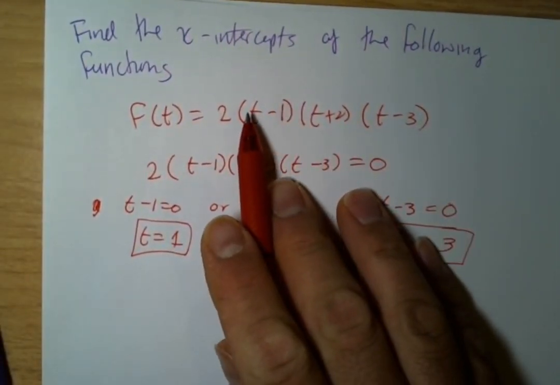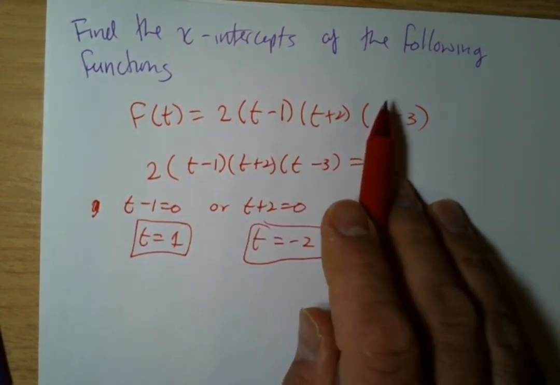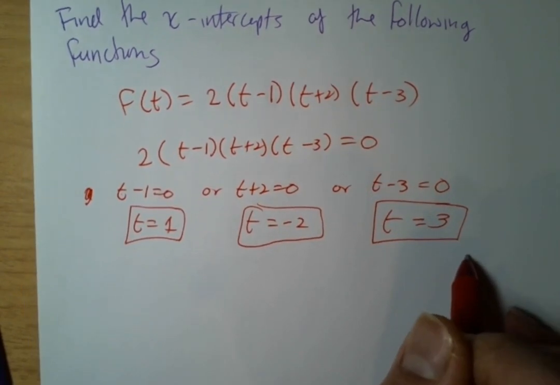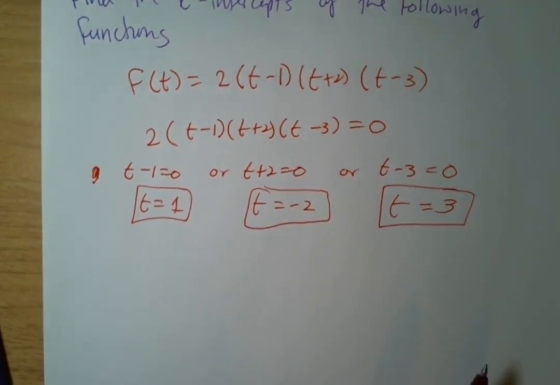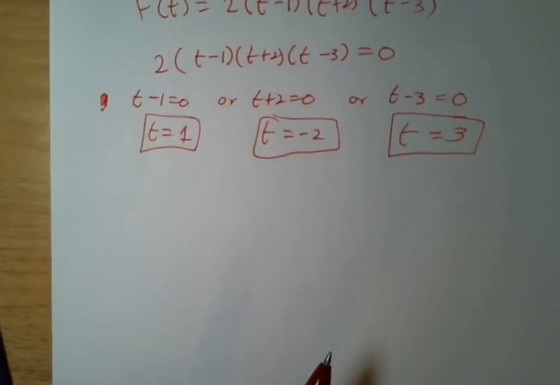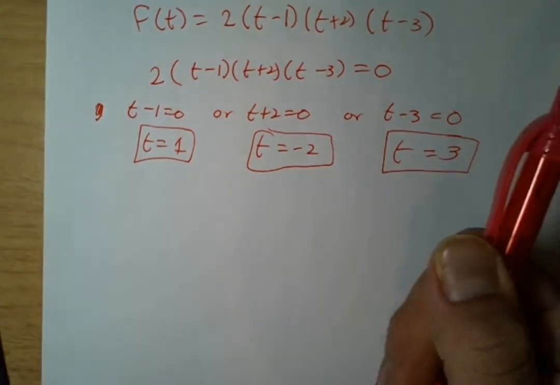If I distribute all these, you'll get a cubic. We get a cubic function with 3 zeros, so at most 3. In this case, it has all 3. And actually, we can build a pretty good graph of this, just based off of what we know here.